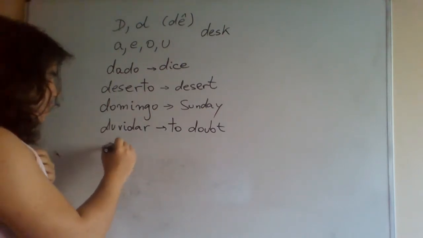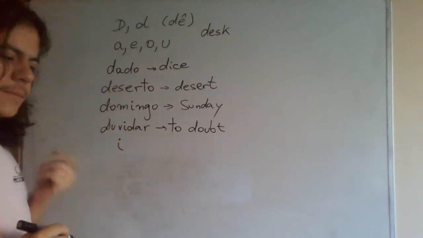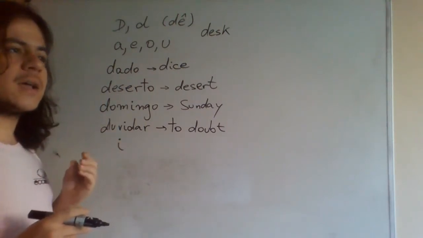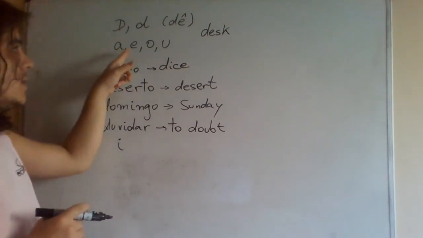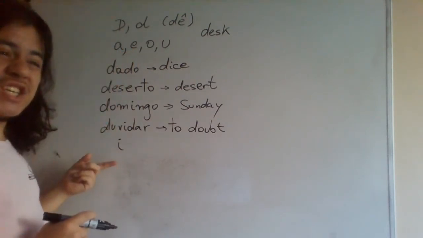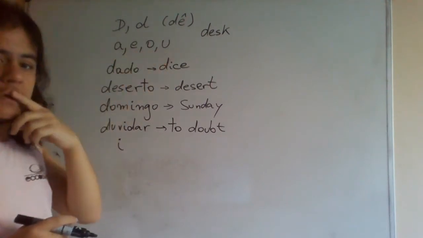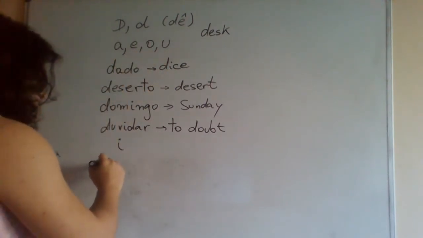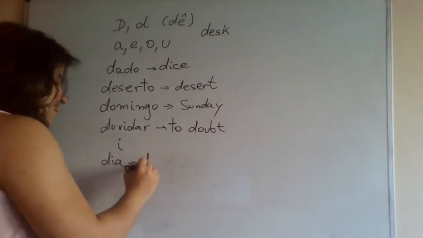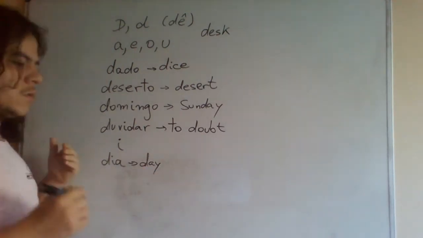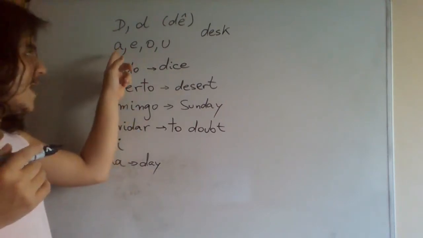And before the vowel I, it will have a different sound, like J. Alright, for example, we have the word dia. It means day.